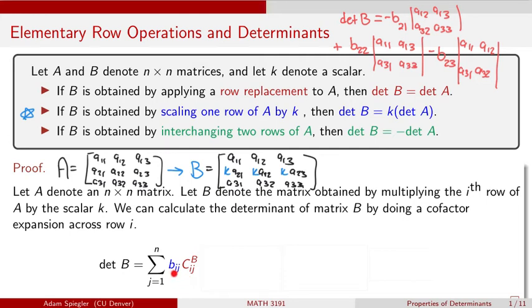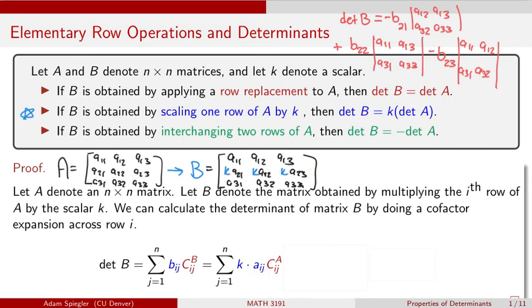So in this case, we can see each of these Bij's is going to be k times Aij, right? We're just multiplying the corresponding entry in that ith row by k. So we can replace each of these Bij's with this scalar k times Aij.